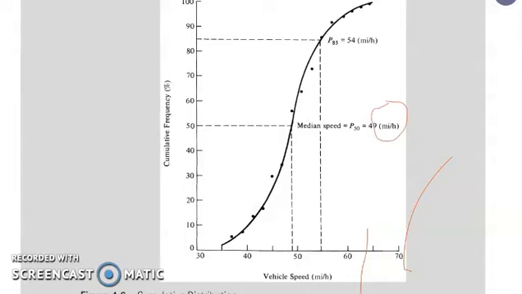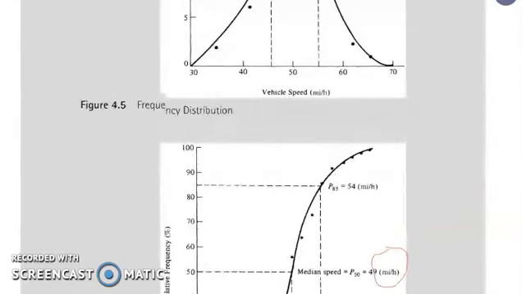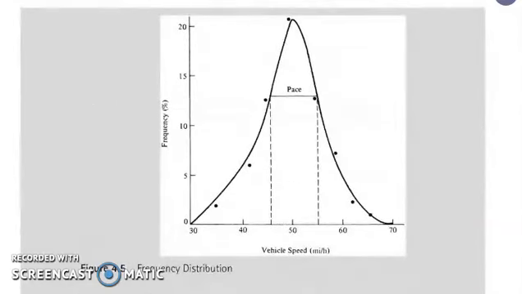Then for the pace, you can obtain that through our frequency distribution curve. The pace is the interval of 10 miles per hour wherein it has the greatest number of observations. Based on the greatest number of observations at an interval of 10 miles per hour, this is approximately 45 to 55.